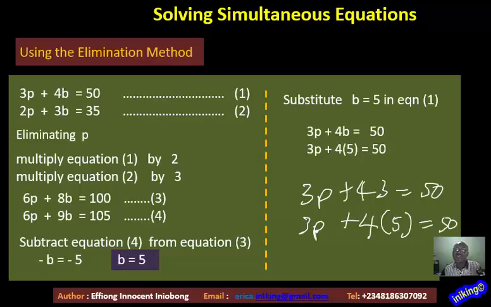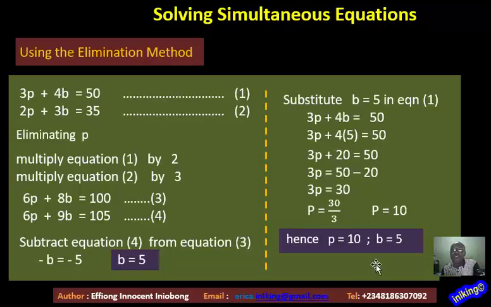That's 3P plus 20 equals 50. Of course, 3P here is 50 minus 20, which gives us 30. We can easily solve here to get our P as 10. So as you can see, we have obtained that our P is 10 and B is 5.